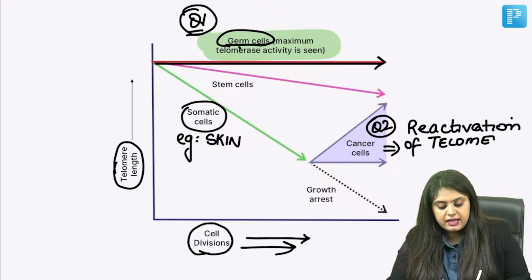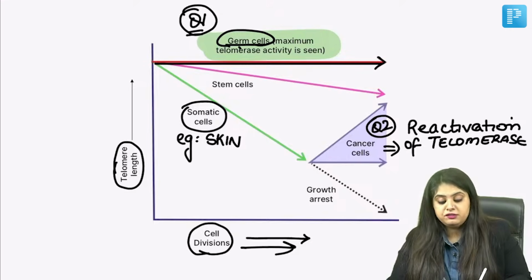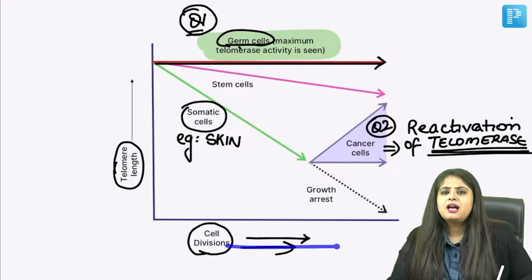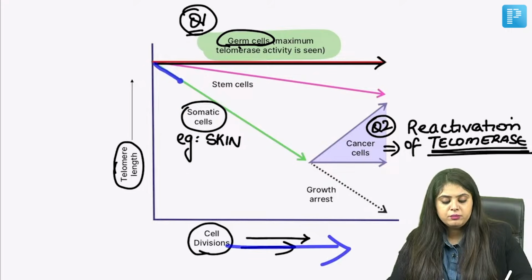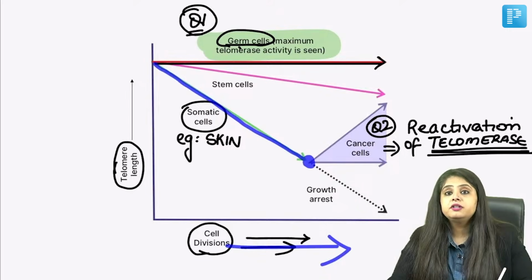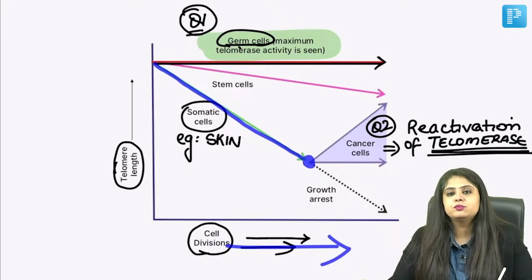I will do reactivation of telomerase, because if I increase my telomerase, see, let's say this is a skin cell, normal skin, yours or mine. It was dividing, so the telomeres were becoming smaller and smaller. Suddenly over here at the age of 50 years the skin got cancer. Maybe it had a lot of UV light exposure, and cancer happened. These cancer cells said that now we will die, I don't want to die.